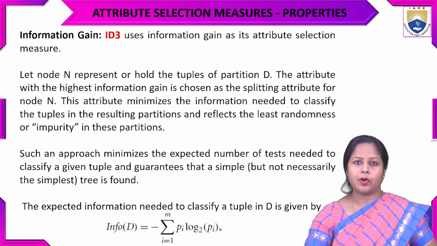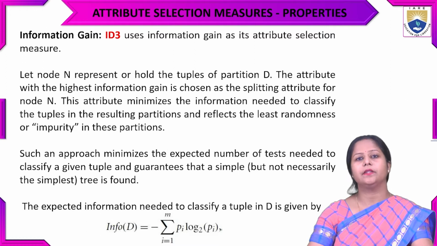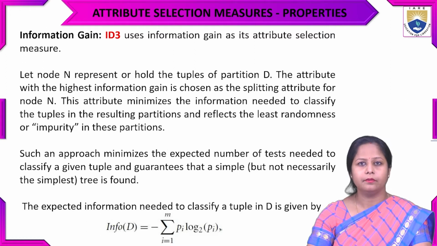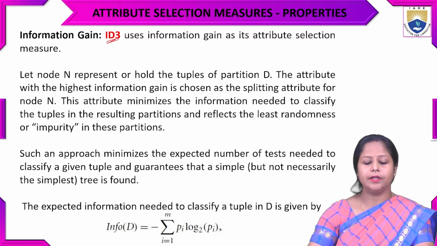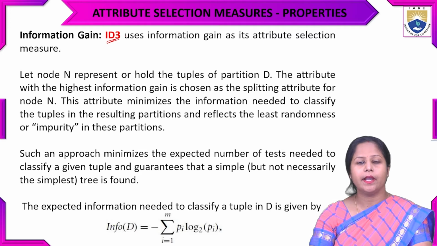Attribute selection measure properties. The first one is information gain. ID3 uses information gain as its attribute selection measure.